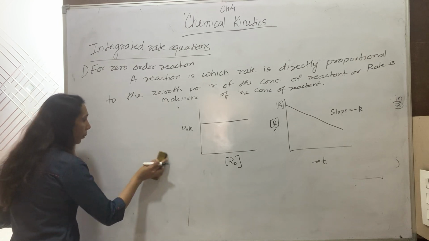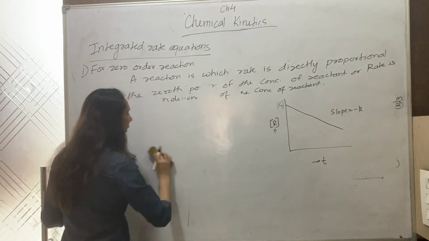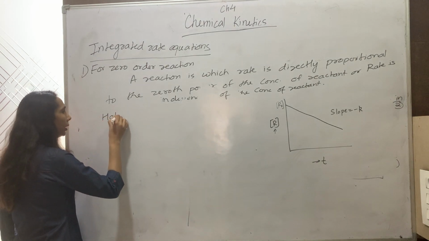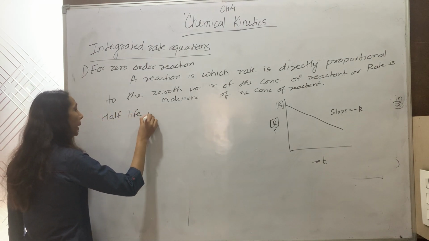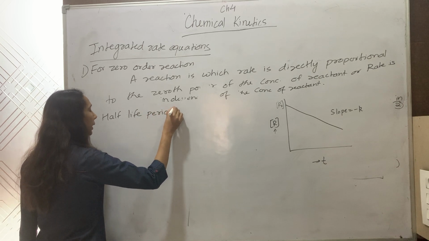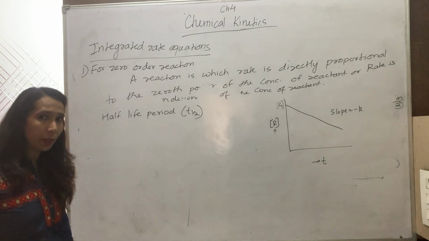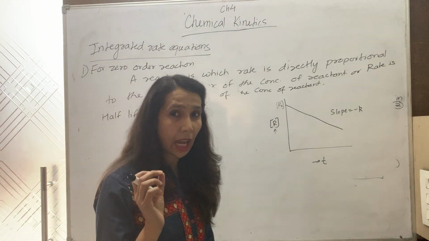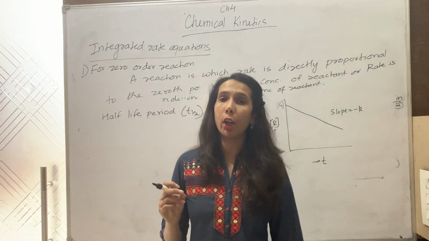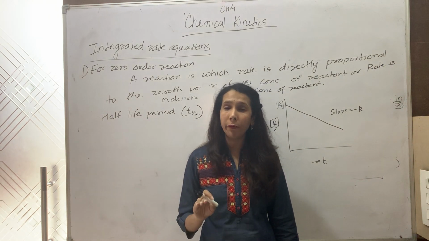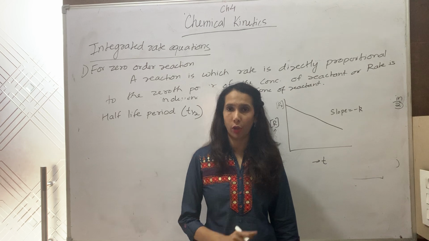Now we are doing one more term related to the zero order reaction, and that is half-life period, t half. Now what do you mean by half-life period? The time in which the concentration of the reactant becomes half of the initial concentration.